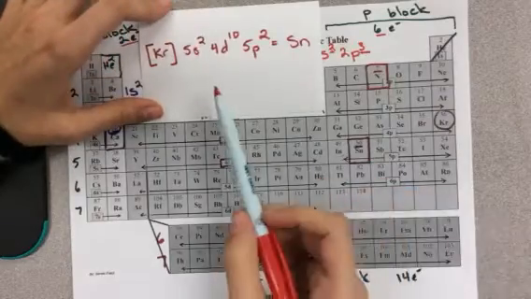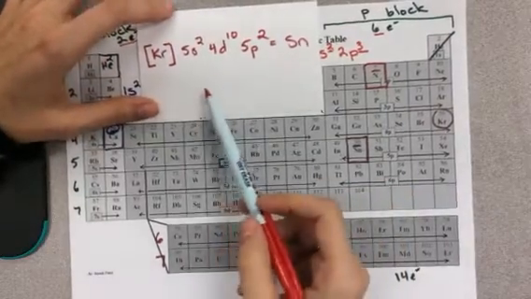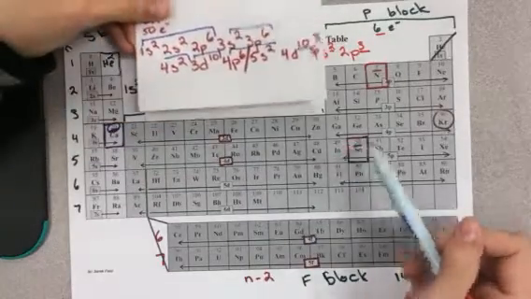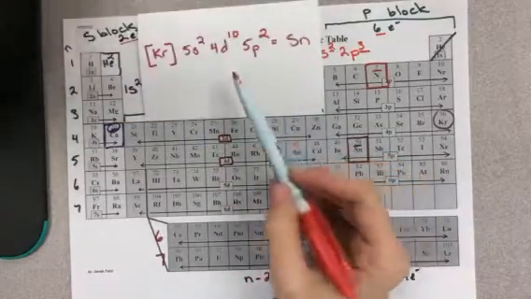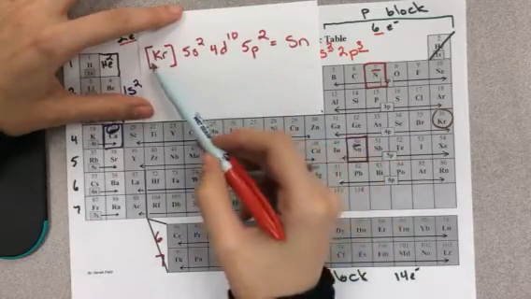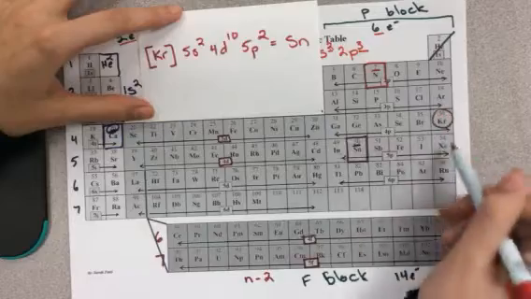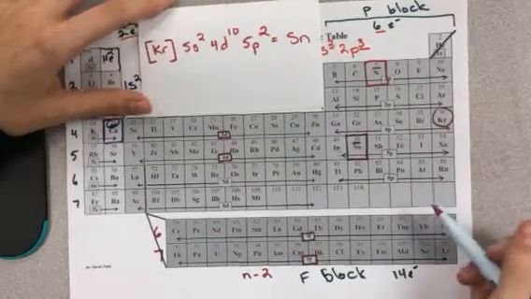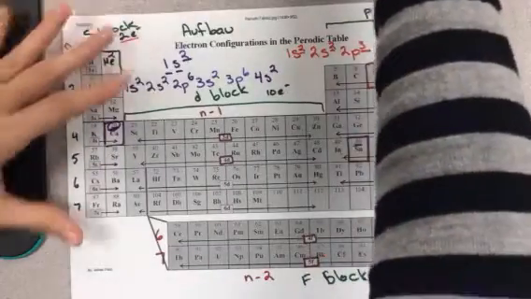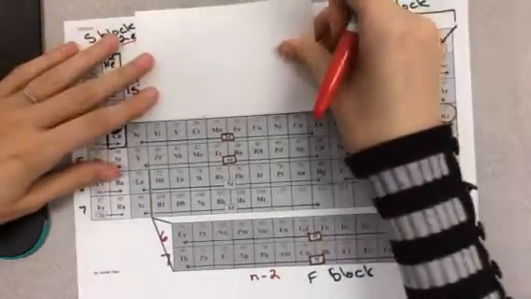So make sure that you are watching out for any time I ask for the electron configuration, which would be the long one, or the abbreviated or noble gas configuration, which is going to include the previous noble gas for each element. So let's try one more, and this time we'll do lead.